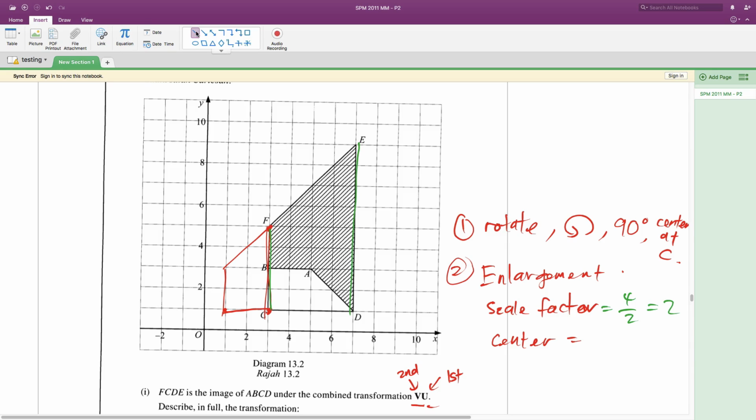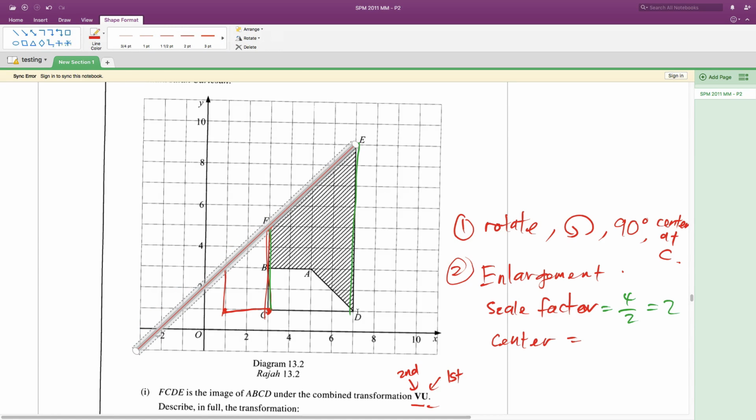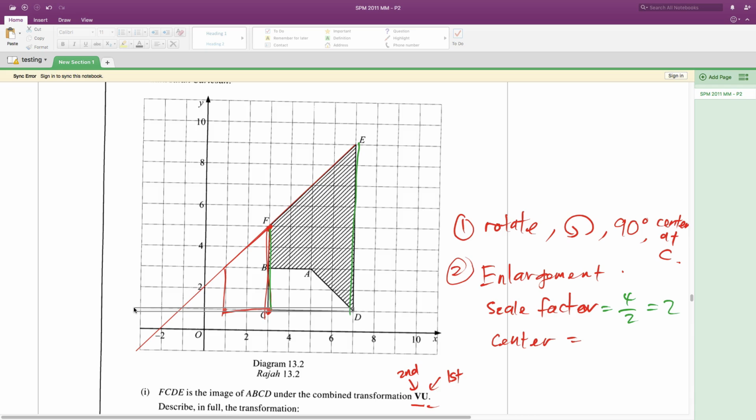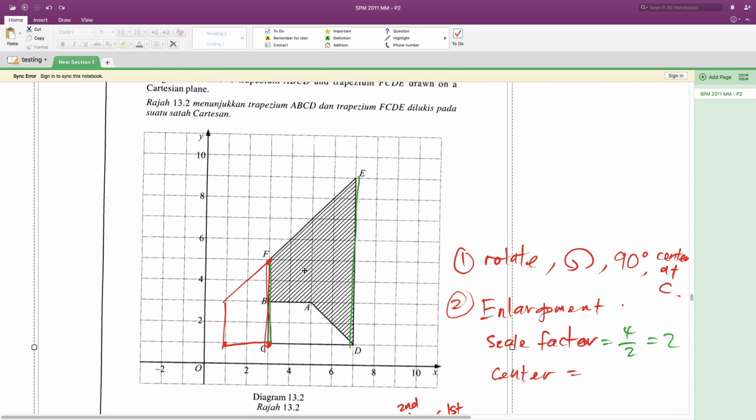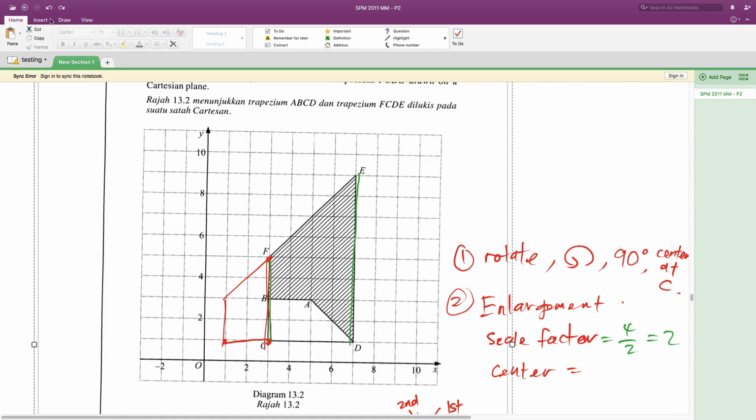Let's say I connect E and F. I connect it, draw as long as possible, and then I can connect D to D. Oops. Oh my god. Okay, let me just connect again. Actually, I can use freehand to draw. It's easier for you to see.